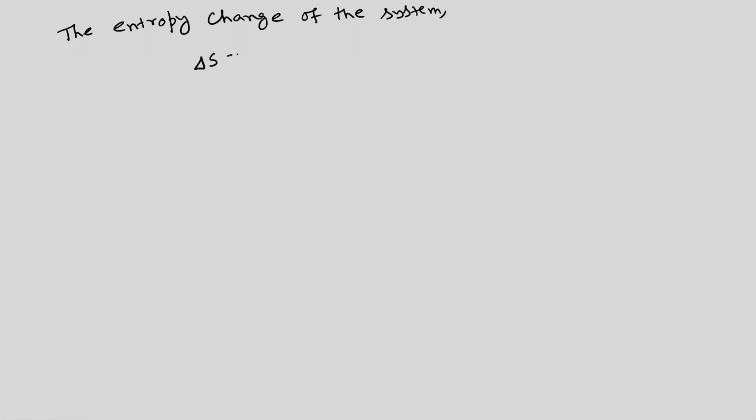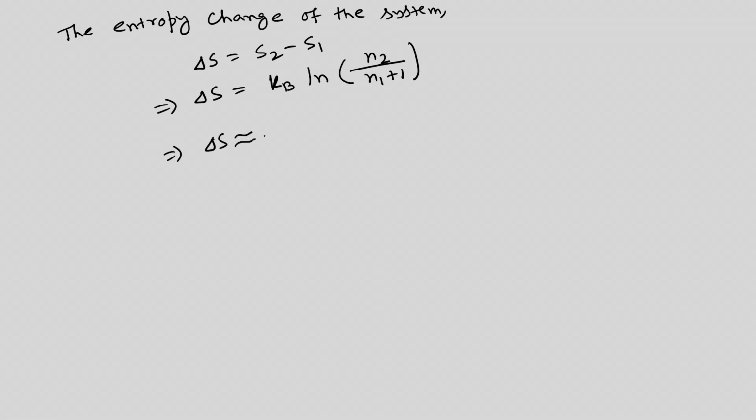If we say delta S is S2 minus S1, then we get delta S is Kb ln (N2 by N1 plus 1), or you can write delta S as Kb ln N2 by N1, because N1 is very, very large.